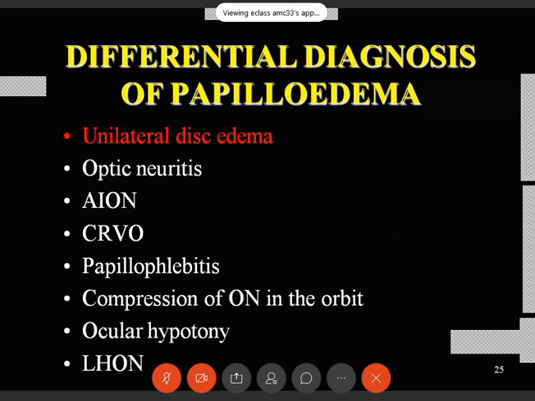These are not papilledema because these conditions are not associated with raised intracranial tension. In optic neuritis, AION, and CRVO, disc edema is present, but it is unilateral.